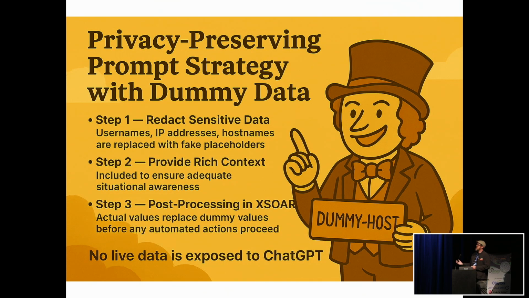Then step 2, it sends that redacted prompt to ChatGPT. All the contextual information of the incident still stays intact: the incident name, the reason why it triggered, and all the malicious artifacts are still in there. That's all it really needs to make an intelligent decision.